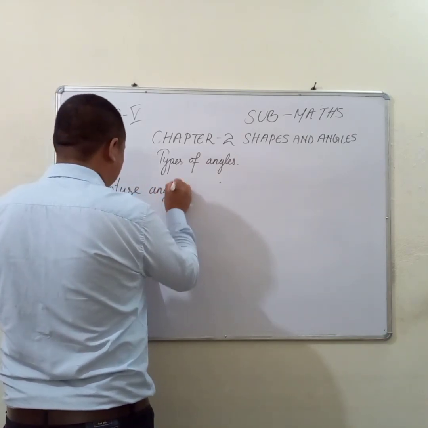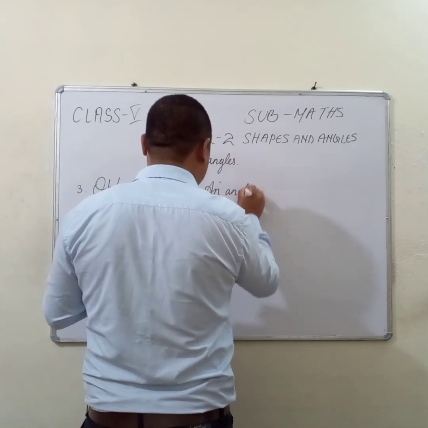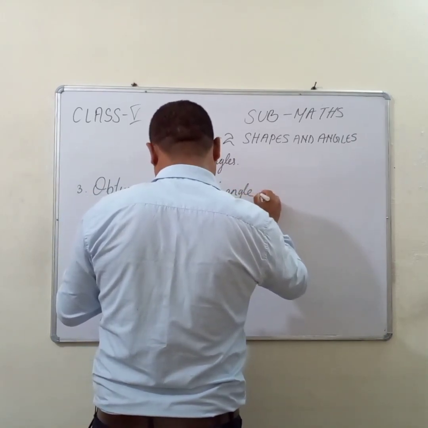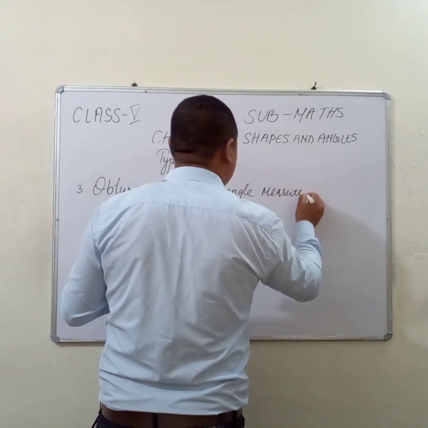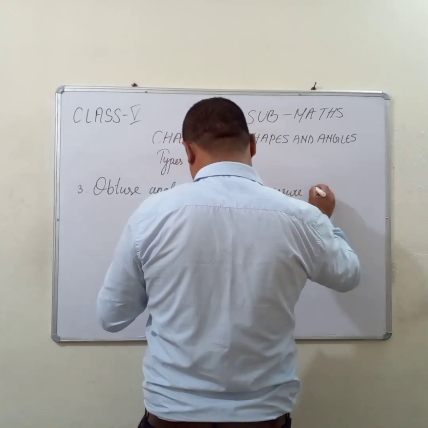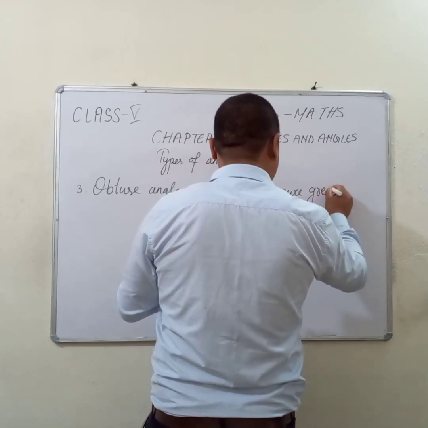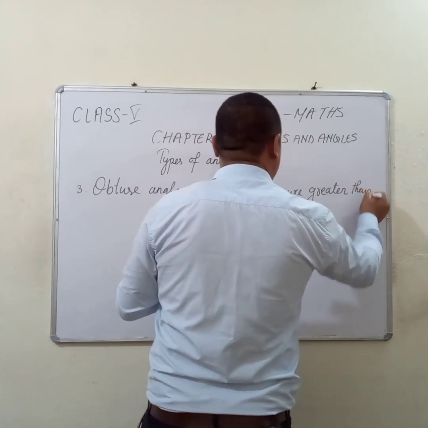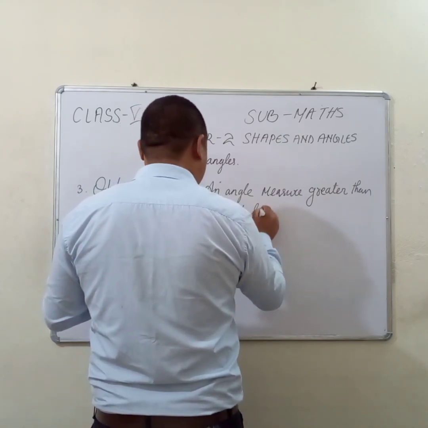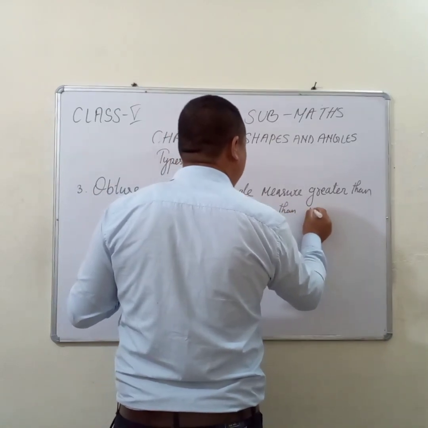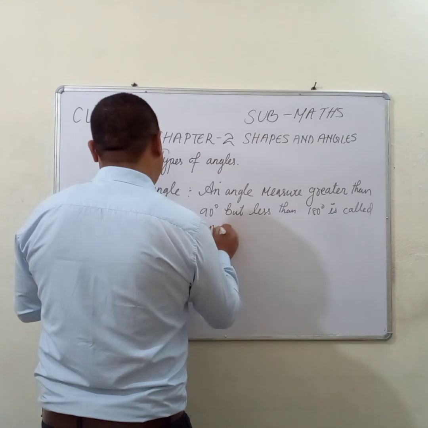An angle measure greater than 90 degree but less than 180 degree is called an obtuse angle.